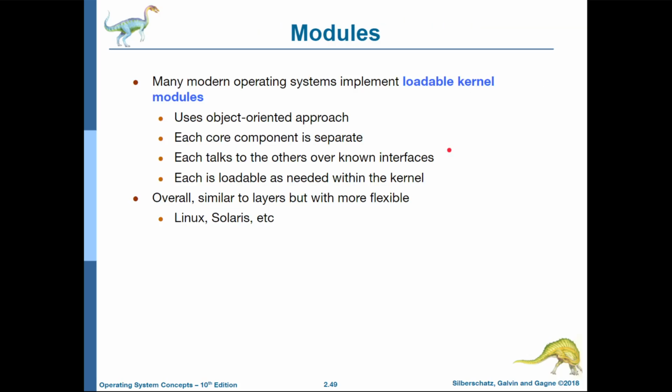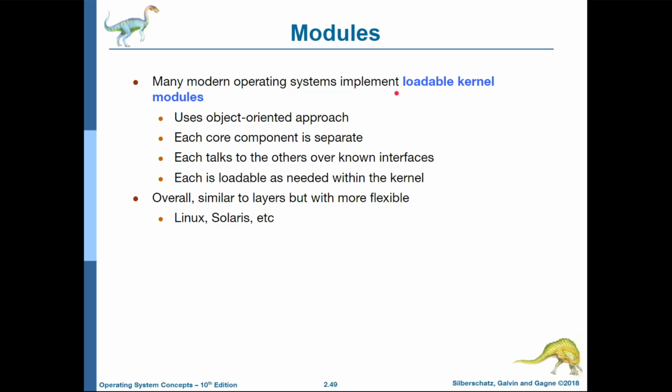Now, a lot of operating systems will use what are called modules to get work done. This is true for both monolithic kernels as well as microkernel design. Now, when it comes to using modules, a kernel will start up with limited functionality.